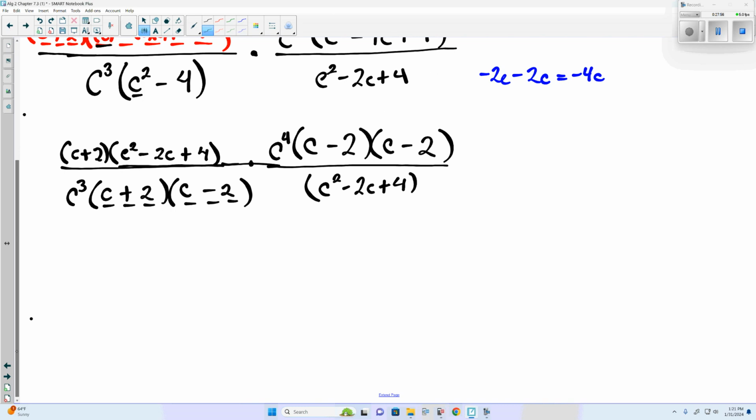Now at this point here, what simplifies out? Our c plus 2 and c plus 2. We also have, yes, c squared minus 2c plus 4, and one of the c minus 2s. Now we also have c to the 4th and c to the 3rd, yes?